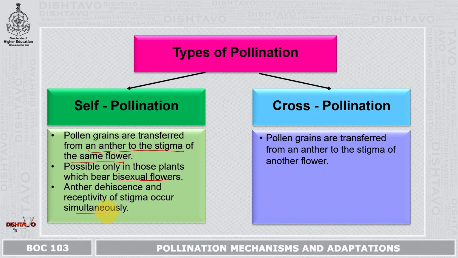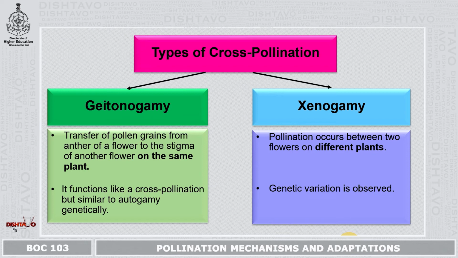In case of cross-pollination, pollen grains are transferred from an anther to the stigma of another flower. Cross-pollination is further divided into two types. There is geitonogamy and xenogamy. Geitonogamy is the transfer of pollen grains from anther of a flower to the stigma of another flower on the same plant.